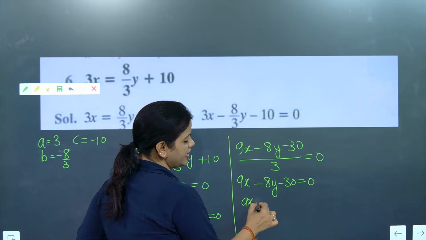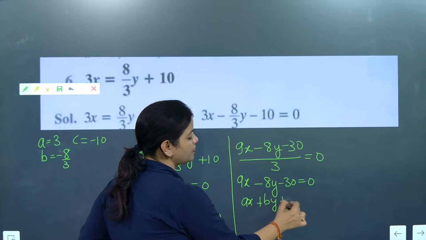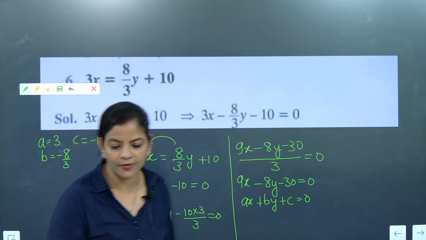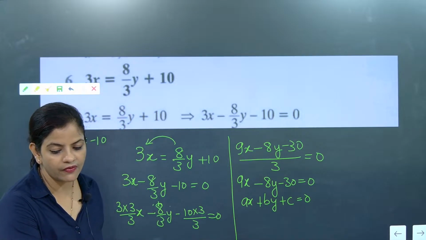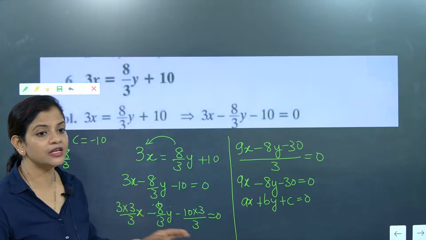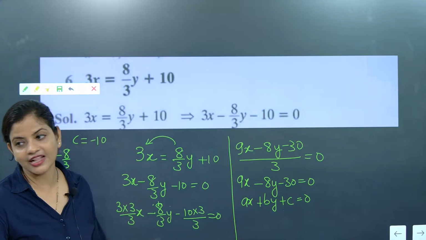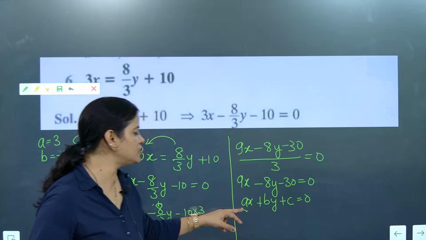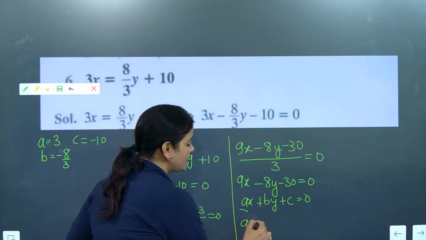If we equate it with the general equation ax plus by plus c equal to 0, this is the general linear equation in two variables. Absolutely correct, Vaibhav. Bless you, beta. But after taking the LCM, things will change. After taking the LCM, is the thing changing? Yes. The coefficient of a will come as what, beta? 9.